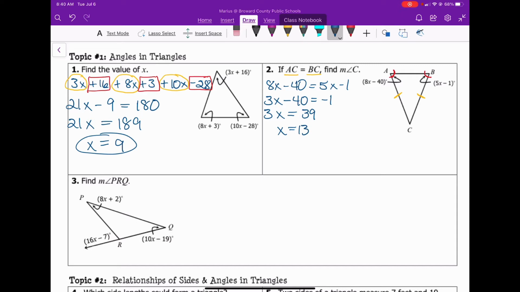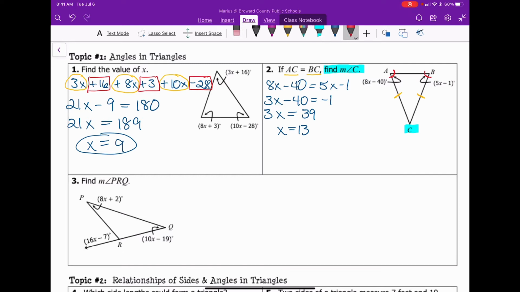Now that we've solved for x, the goal here is they want us to find angle C. They want to know what is the measure of angle C. So in order to do that, we need to know what angle A and B are. We already have established that angle A and angle B are congruent. They're equal. So if I plug 13 into one of those expressions, both of them are going to have the same angle measure.